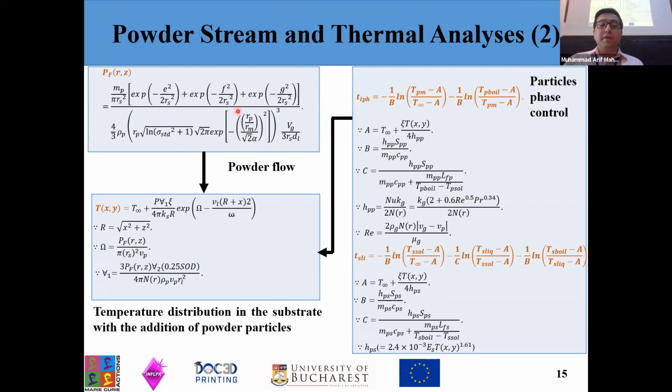The first equation will help us to calculate the powder flow in Gaussian form. The second equation will help to estimate the temperature distribution in the substrate when the powder particles are added simultaneously. And the third equation will assist in controlling the phase of the powder particles, which means that all the powder particles are melted entirely and none of the powder particles will enter the plasma or evaporation regime.